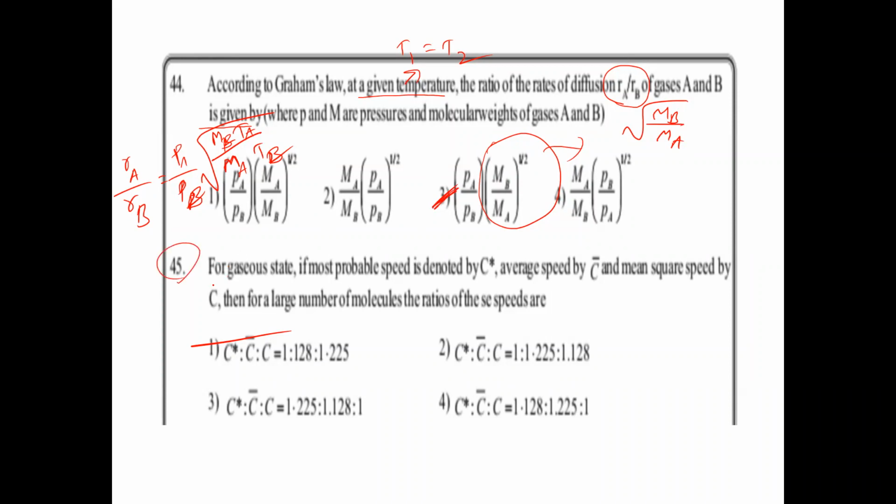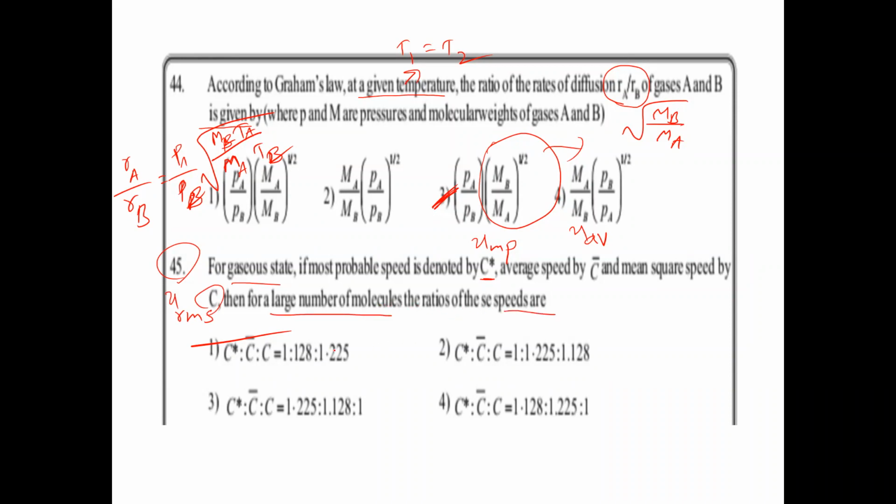Next one here. For the gaseous state, the most probable velocity, most probable speed, is denoted by C star, it is UMP. The average velocity is C bar, and the RMS velocity is URMS, root mean square velocity C. In that case, for a large number of molecules of a given gas, what will be the ratios of the speeds?